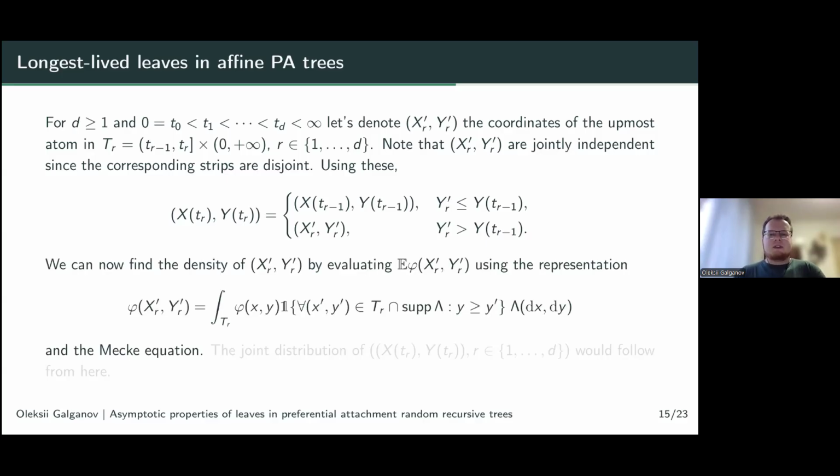So for these random variables x prime and y prime, we can now find the density in a rather interesting way.